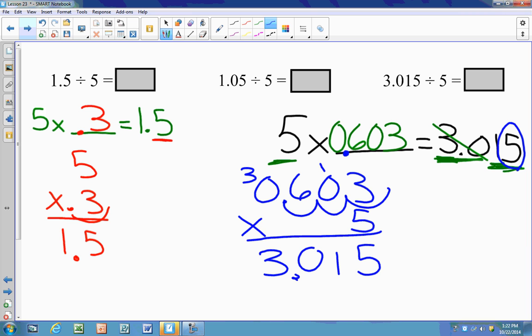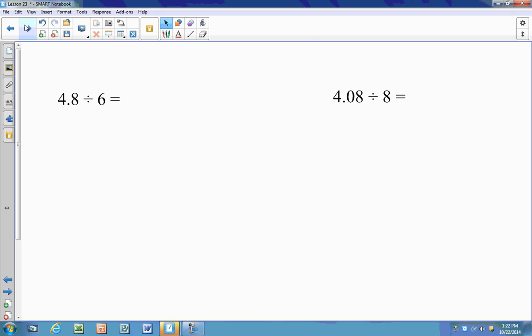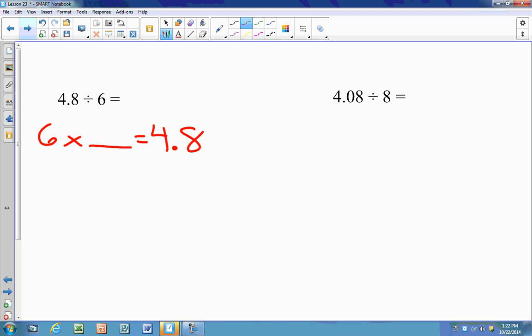So 3 jumps and they match. We'll try about 3 more. So I'm going to go over here. 6 times what number equals 4 and 8 tenths. So if I ask myself 6 times what number gives me 48, it would be 8. And since we're in the tenths place, we make it the tenths place.